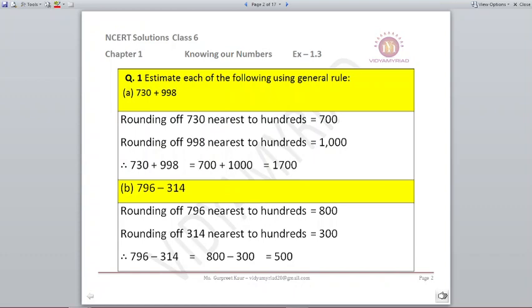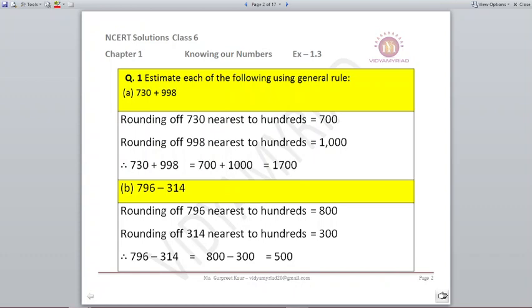If the number is below 50, the previous number will be taken. If it is more, then the next number will be taken. So 30 is less than 50, so the nearest is 700. 998: 98 is more than 50, so I will take it to the next, that becomes 1000. So 700 plus 1000, the answer is 1700.